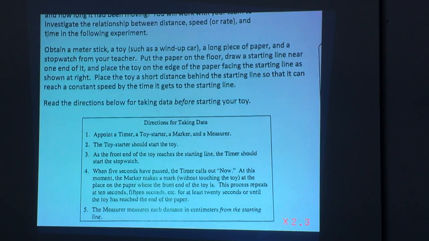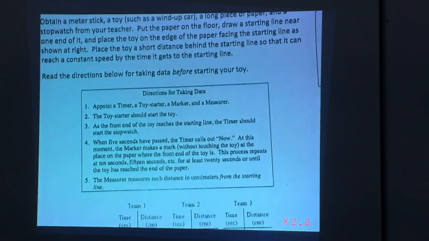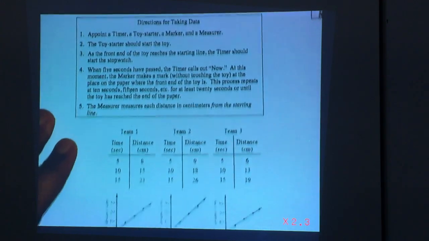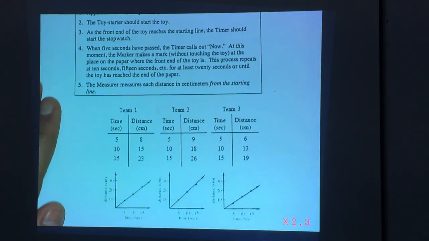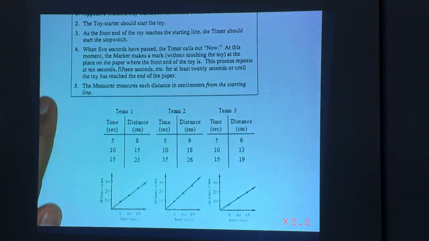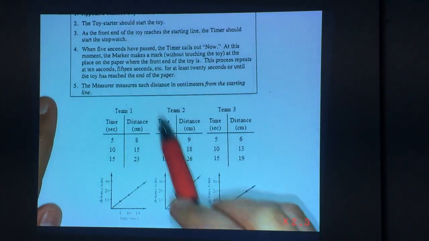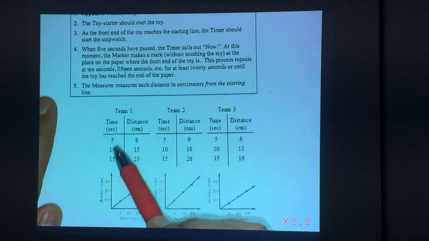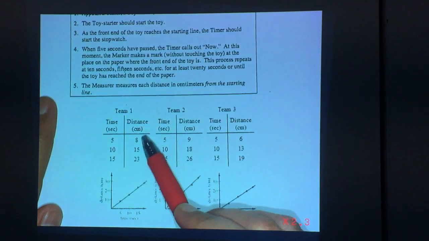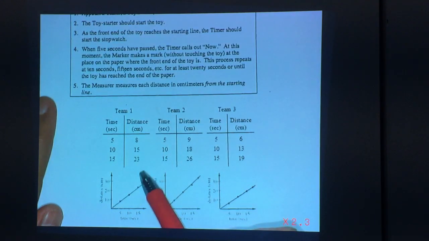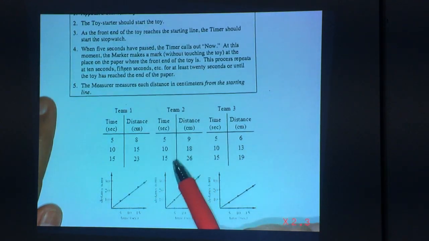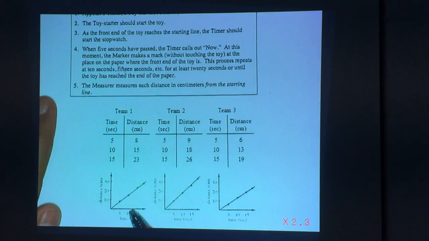So, because we can't do this in class, I have data from 3 different teams who recorded their information. So team 1, here are their 5-second intervals, and these are the distances in centimeters that their car traveled. Here's the data for, and then there's the accompanying graph.